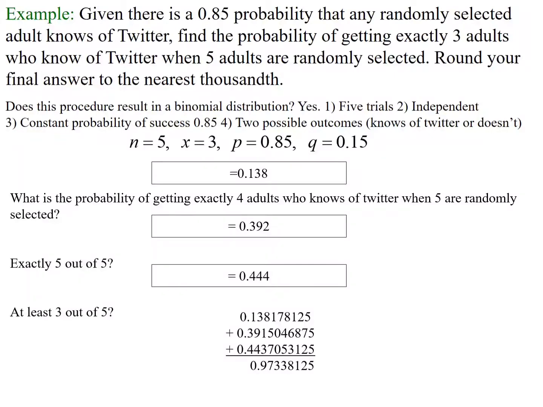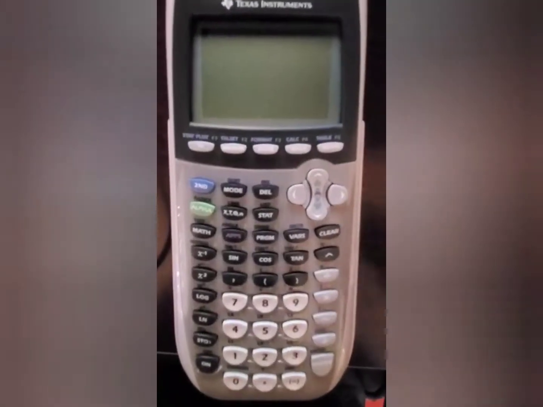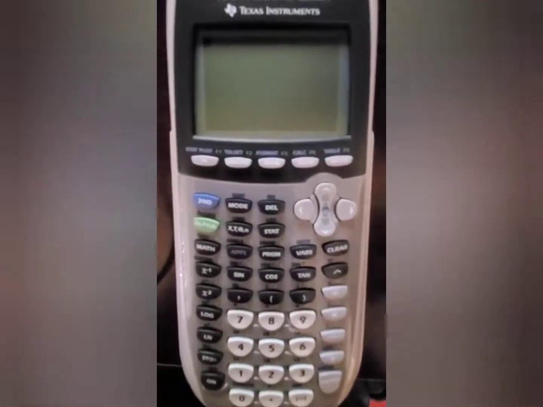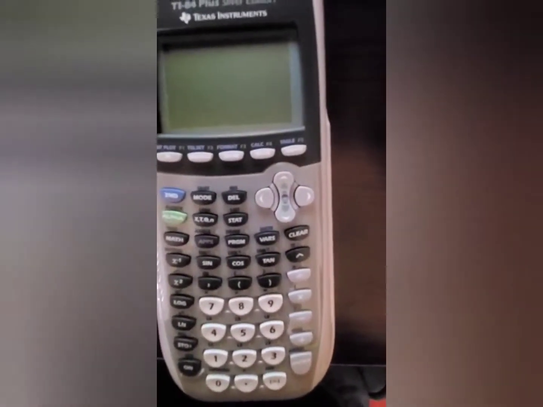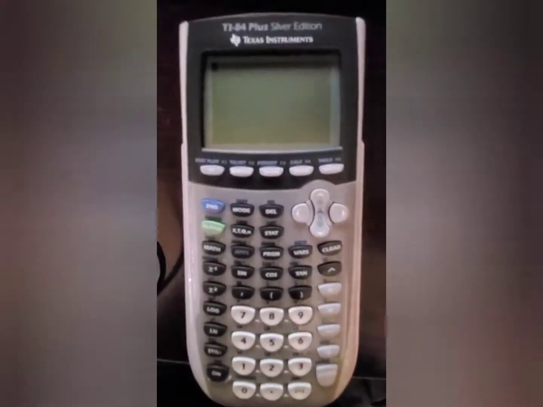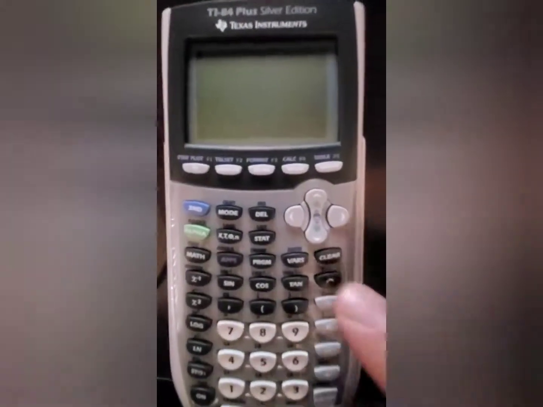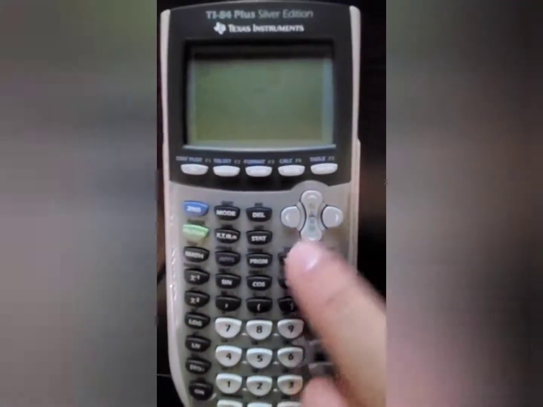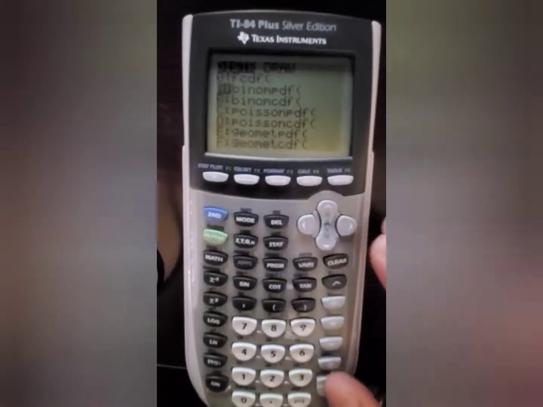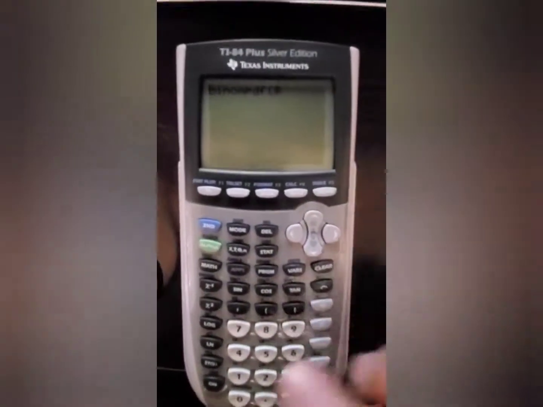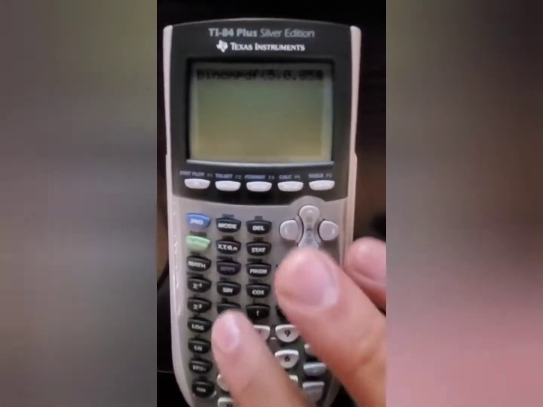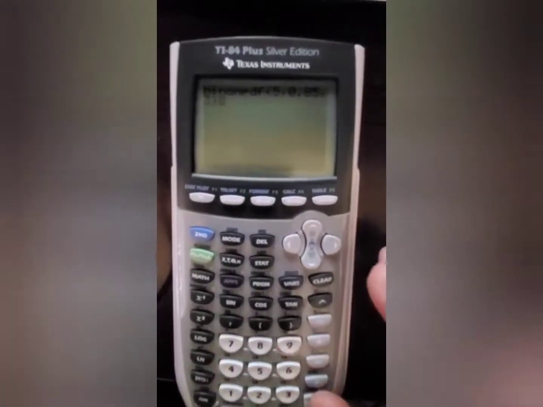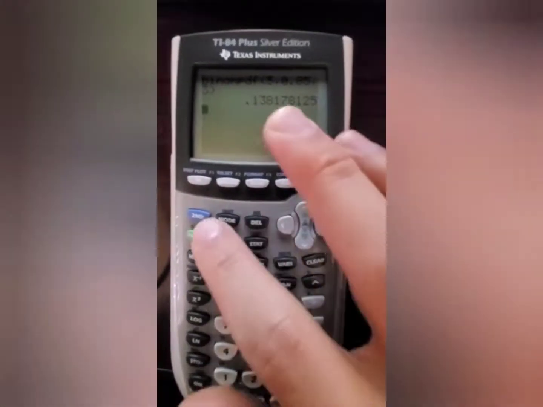So again, here is how it's done on the calculator. For this one, I already showed the answers. However, let me show you how to do it using the calculator. The first one is exactly 3, the second is exactly 4, then exactly 5, and then at least 3 out of 5. So again, you go to second, distribution, scroll down, binomial PDF, and then it's sample size, 5, comma, the probability of success, comma, exactly 3, equals, you get your first one, and then just rinse and repeat.